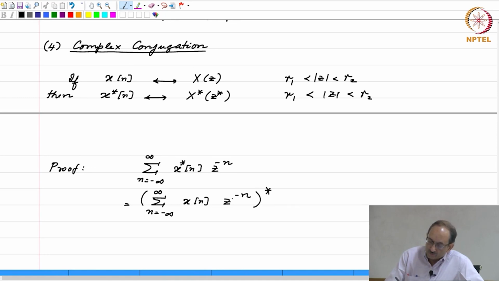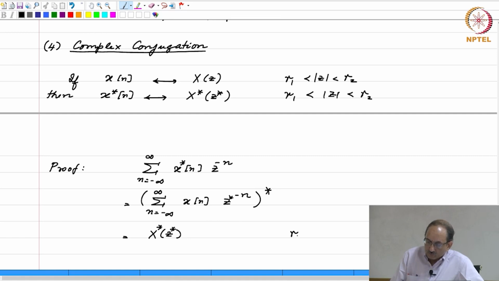But then if you do this, this is not what the previous line is. To make it equal to the previous line, you have to replace z by z star. Therefore, by definition, what is inside the brackets is x of z star, and to account for the final complex conjugate, you have x star of z star.